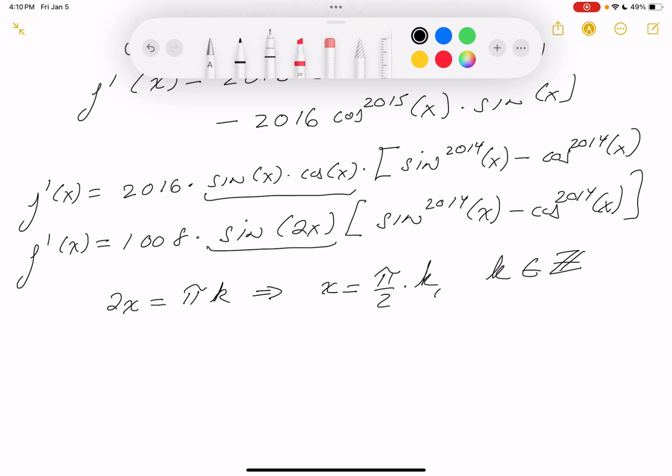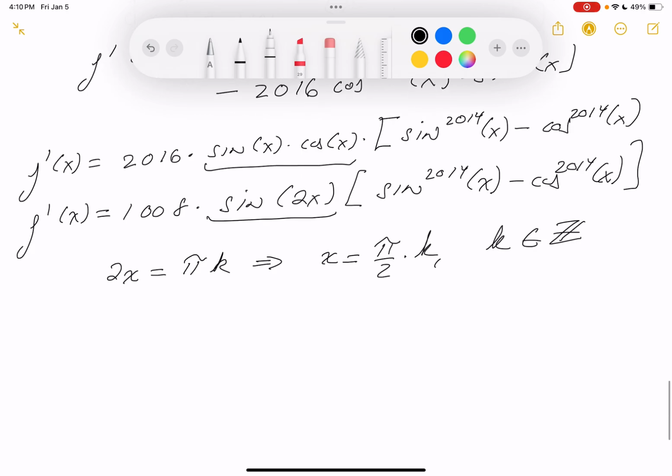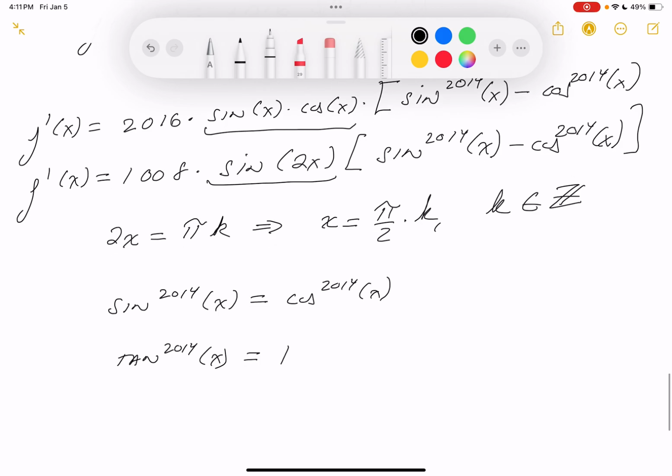I got to do the other one, a little more complicated, and I'll write this one down for you. The sine 2014 of x equals the cosine 2014 of x. I'm going to divide both sides by the cosine of 2014, and you're going to get the tangent of 2014x is equal to 1.